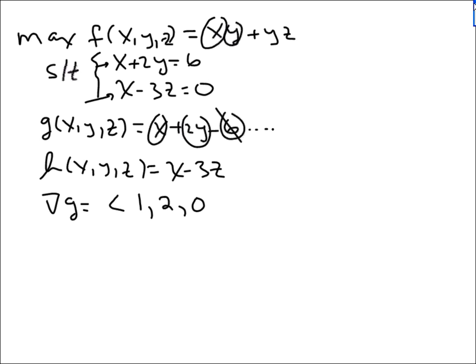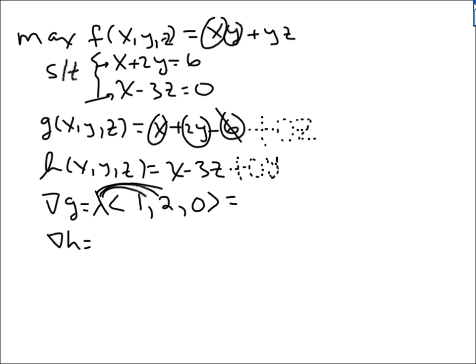You need to be mathematically mature enough to see plus 0z. We want to multiply this one by lambda: lambda times 1, lambda times 2, lambda times 0. Those three answers are lambda, 2 lambda, and 0.